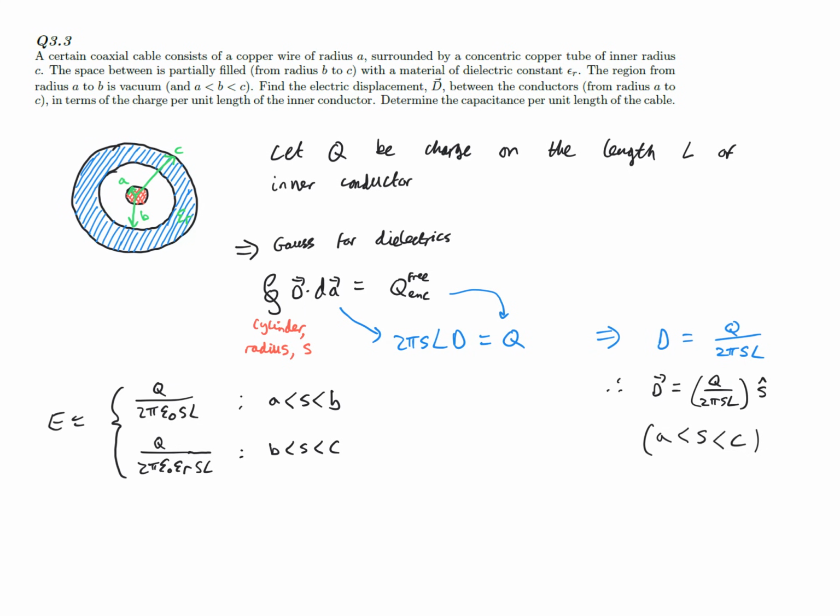And given that we know the charge on the inner conductor, if we know the voltage, we can work out the capacitance. So that's the kind of logic, if you like, that we're going to apply.